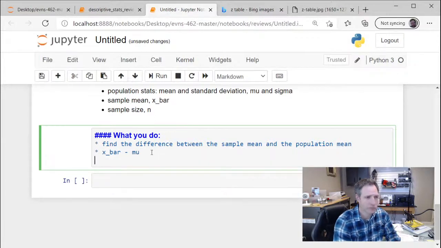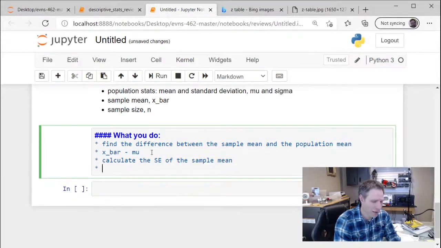All right, the next thing you need to do is calculate the standard error of the sample mean. How do you do that?